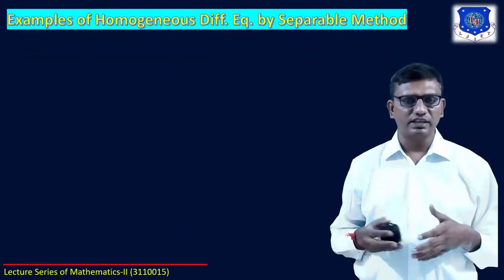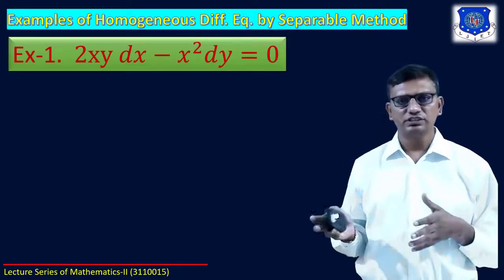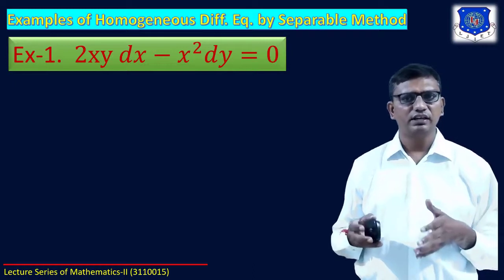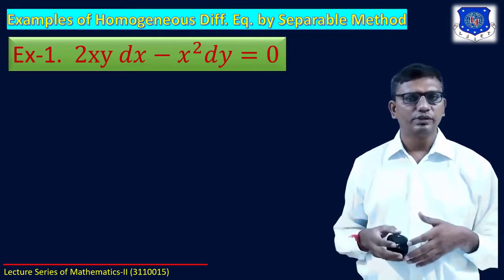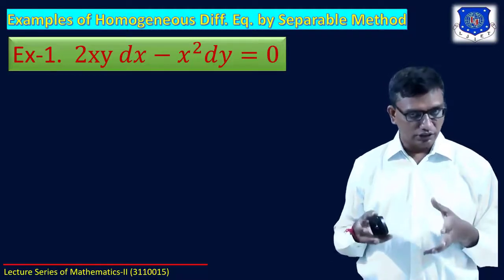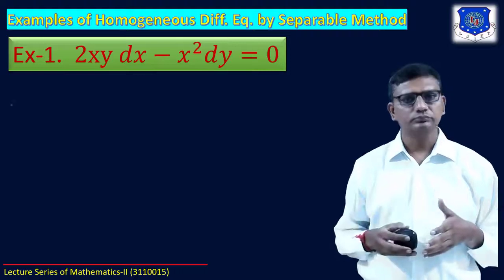Now we will see some examples related to the separable variable method for the homogeneous differential equation. 2xy dx minus x square dy equal to 0 is a first order first degree differential equation. Now we will see, first of all, is it homogeneous or not.